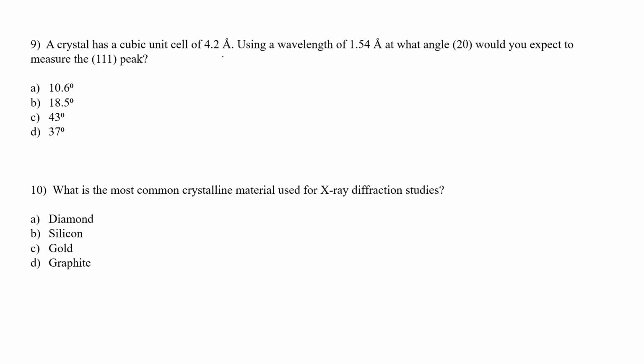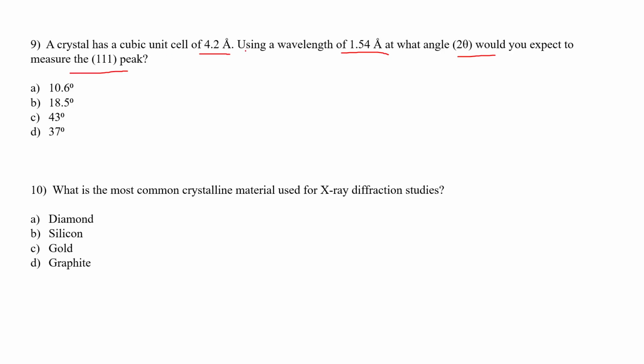So the crystal has a cubic unit cell of 4.2 angstrom with a wavelength of 1.54 angstrom. At what angle, 2 theta, would you expect to measure the 111 peak? So you have a unit cell parameter of 4.2 angstrom for a cubic system, and the wavelength as 1.54 angstrom, and you need to calculate the value of 2 theta, which will satisfy the Bragg condition for the 111 peak.